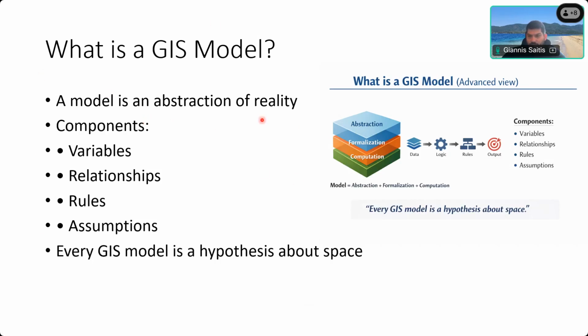Okay, you wanted to make a terrain, a landscape, so something that is close to reality, and you had to put some variables in there. And in the GIS, the relationships and the rules were already prepared.